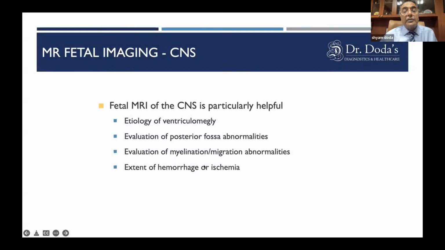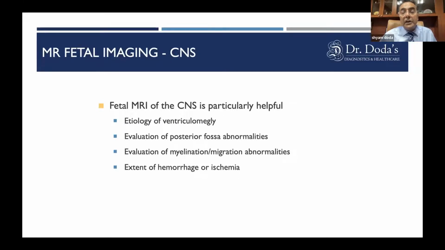Now coming to some of the anomalies visualized on MR. Fetal MR of the CNS is particularly helpful once you have established there is a ventriculomegaly. You want to see the etiology, whether it's corpus callosal dysgenesis or agenesis, and certain posterior fossa abnormalities, which some of them have been shown by Dr. Tina.